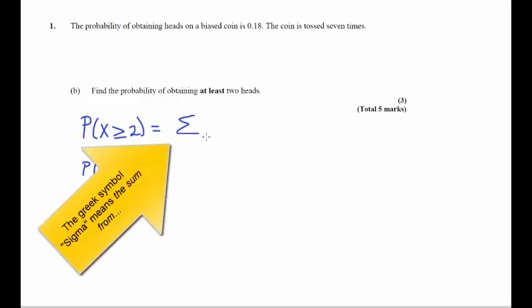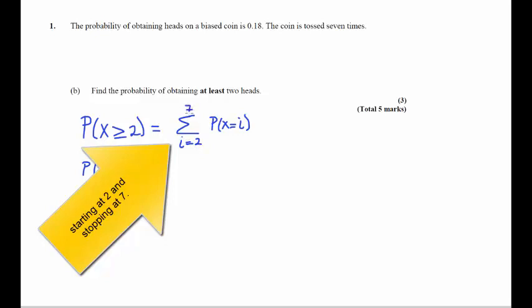It's the sum of all of these probabilities of x equaling 2, 3, 4, 5, 6, but we're just going to call it i. And now here we're going to say that i starts at 2 and goes up to 7.